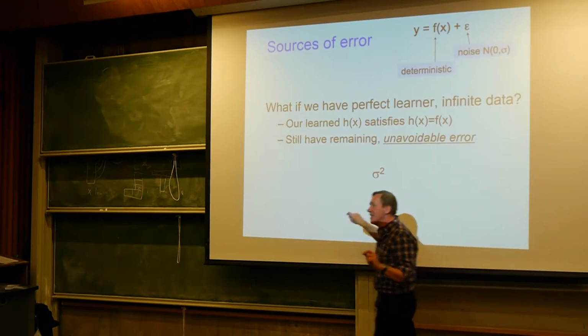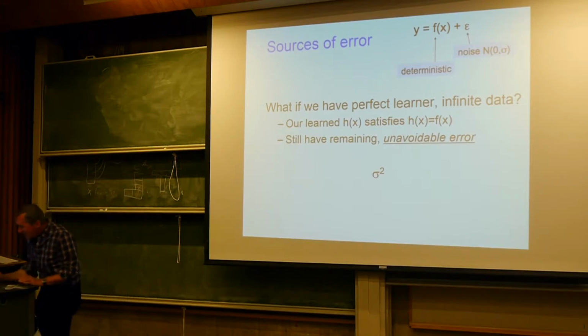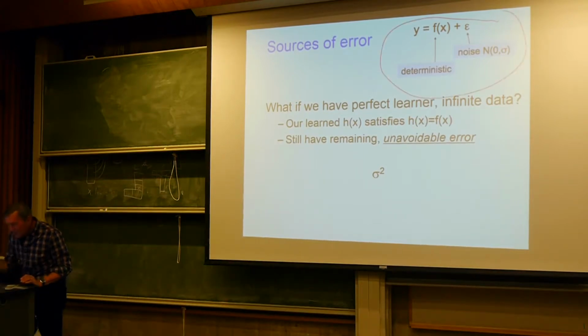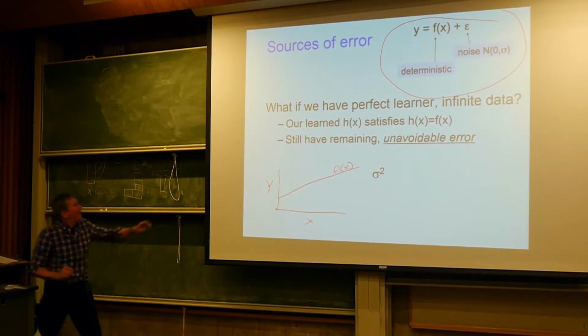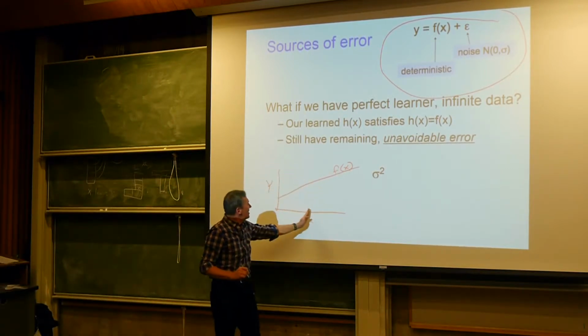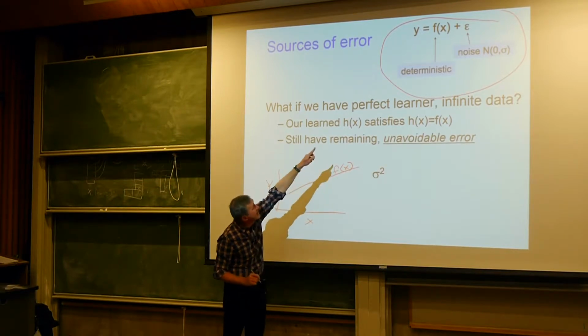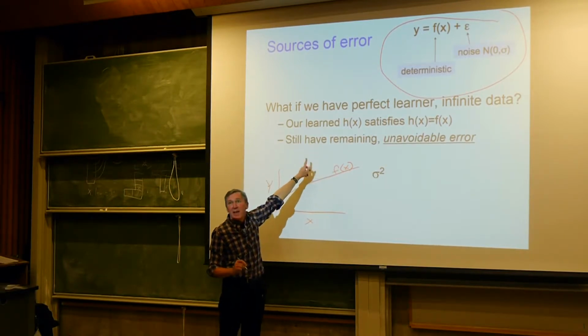The unavoidable error is simply due to the fact that, given that this is my model, I could draw a plot here of f of x. Let me instead plot y versus x. And if this is f of x, then my model says that for any given x, what I'm going to observe is f of x plus some random Gaussian noise around that.